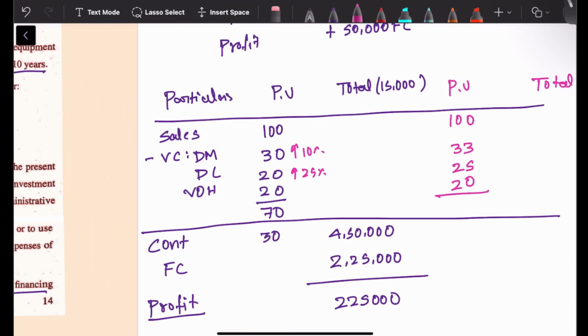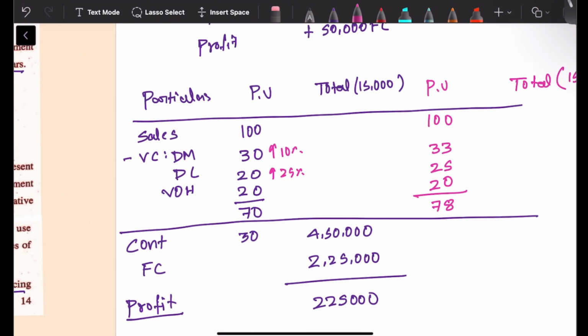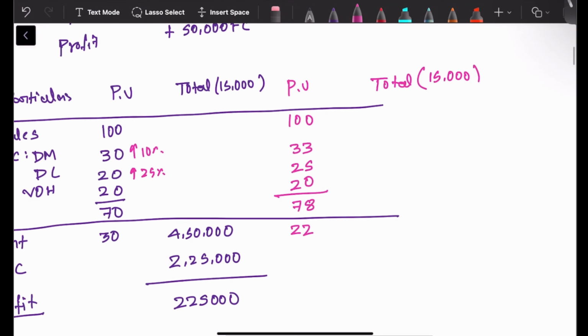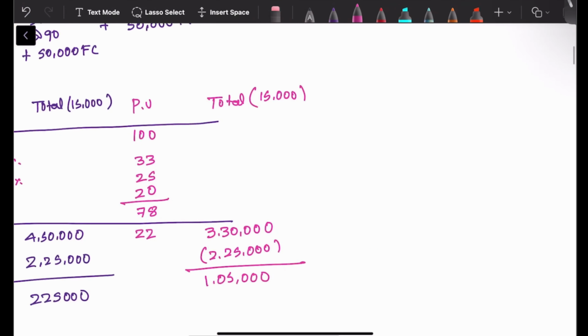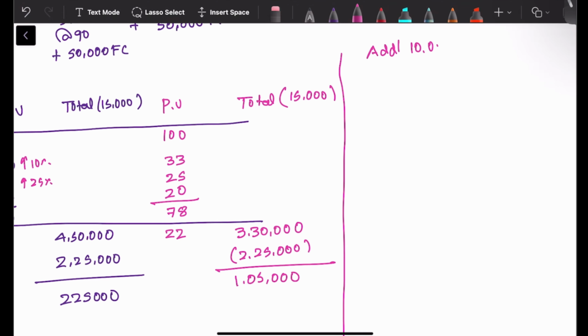So my new variable cost is 78, new contribution is 22. 22 into 15,000, I'm getting 3,30,000 as my total contribution, minus fixed cost of 2,25,000. So my profit is 1,05,000. Now I have a decision to make. Should I go with 10,000 additional or 5,000 additional? So both I will calculate. First I will calculate whether I should go with the additional 10,000 liter.